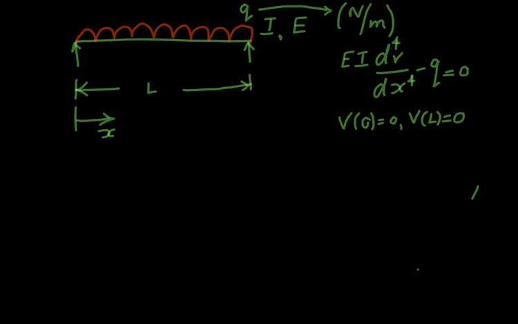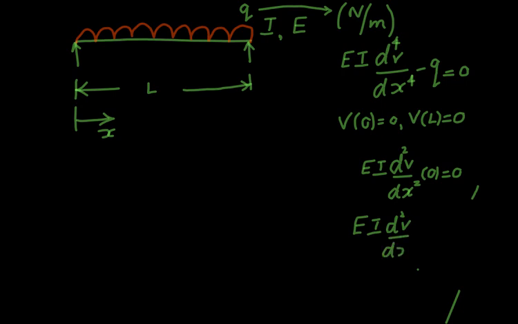The next set of boundary conditions: the bending moment, which is EI into d square v over dx square, at x is equal to 0 is 0. Bending moment, which is EI into d square v over dx square, at x is equal to L is equal to 0.